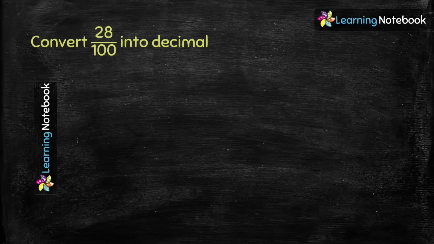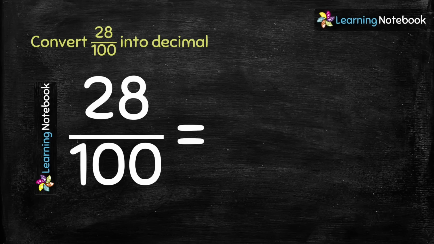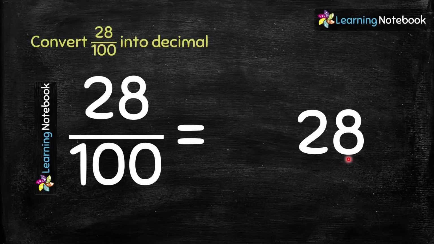Convert 28 by 100 into a decimal. So here the numerator is 28. So we will write 28. And then we can see there are 2 zeros in the denominator. So let's place a decimal point at 2 decimal places. So we will count from the right 1, 2 and put the decimal point. So the answer is 0.28.